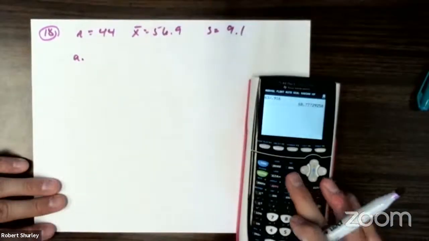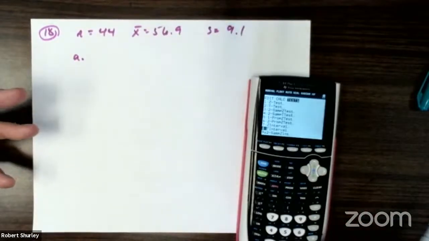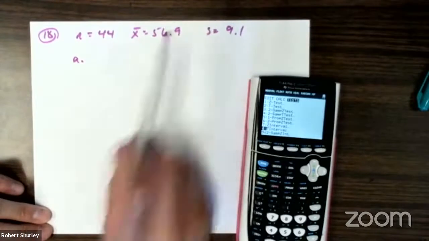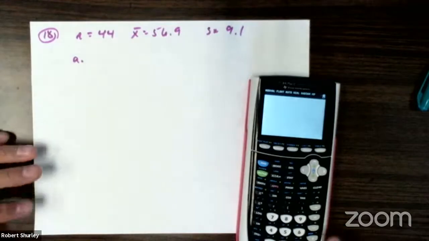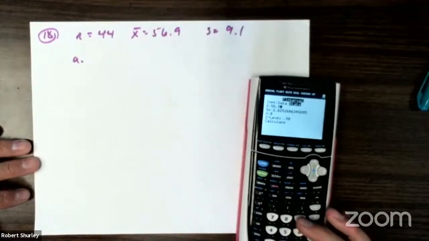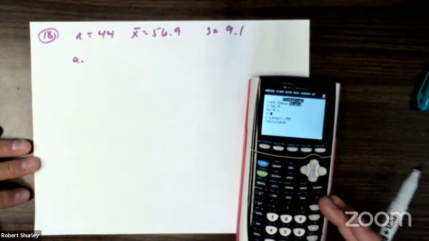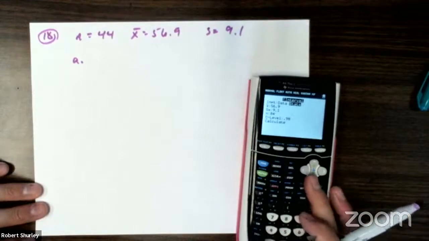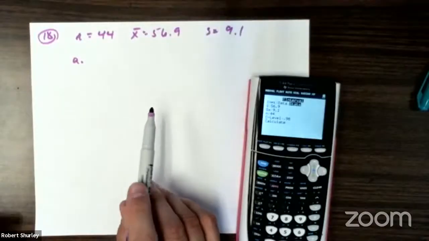So if we go to stat, tests, remember T interval still because it's the sample standard deviation. We're going to do stats this time because we don't have the list of data. X bar is going to be 56.9. Sample standard deviation is 9.1. N is 44.